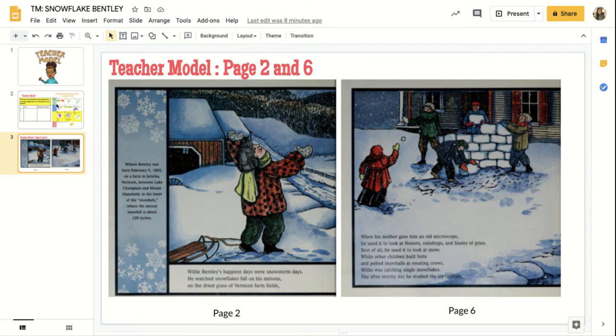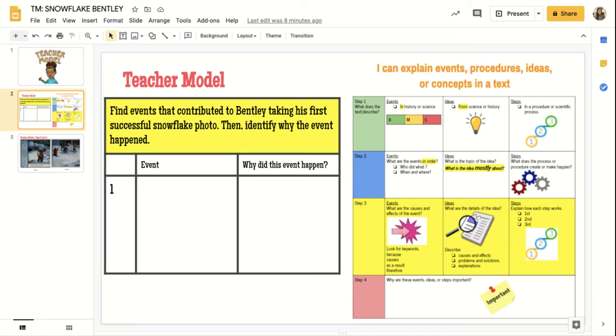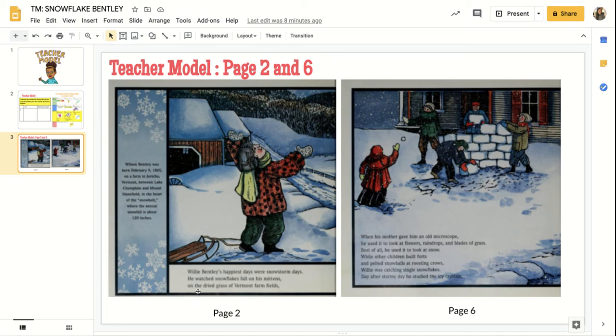Now, step 4. Why are these events important, or why is this event important? To figure out why this event is important, I'm going to go back and look on page 2. I know from page 2 that Willie loved snow. He watched snowflakes fall on his mittens.